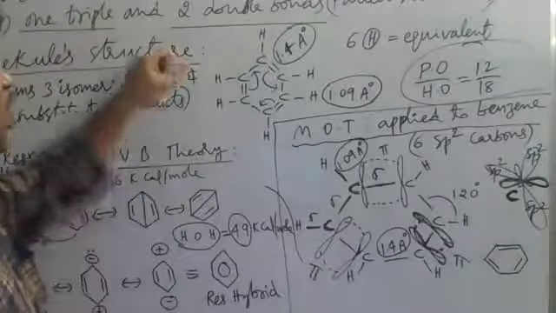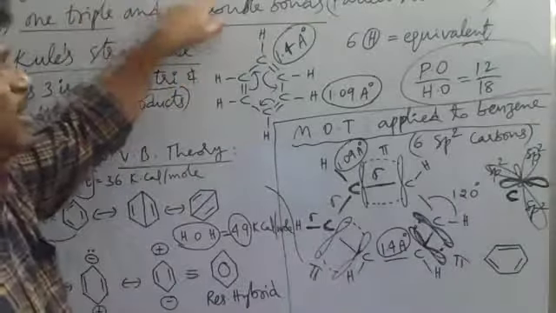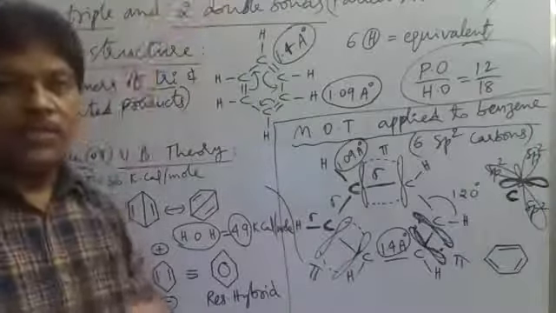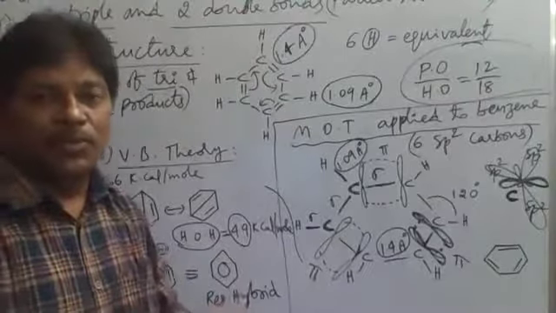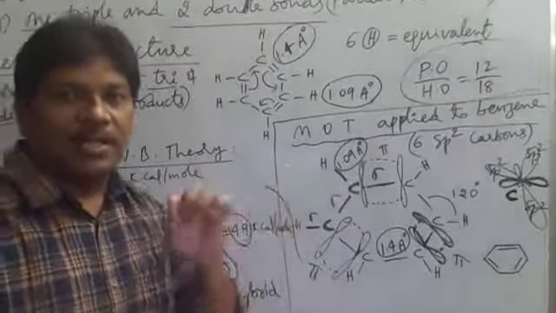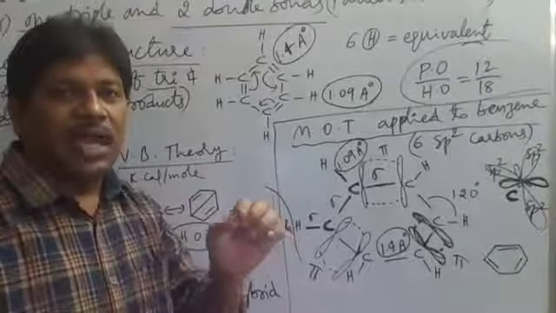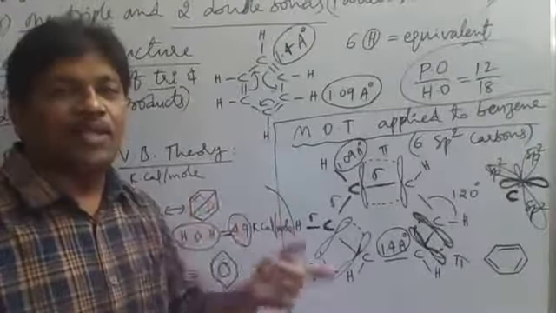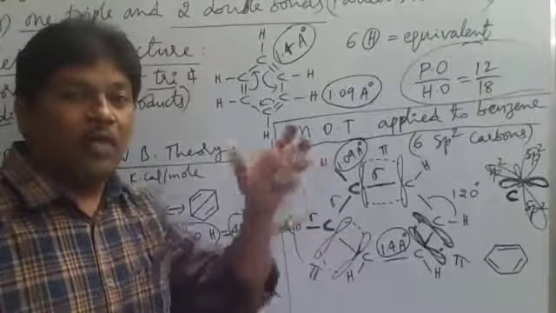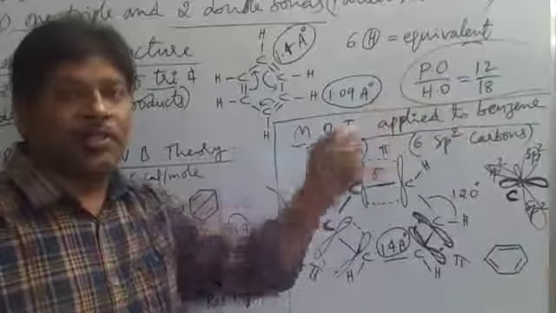Generally, why are we not assigning an open chain structure to benzene? Because the properties of benzene are not similar to alkenes and alkynes. Alkenes and alkynes are aliphatic open chain unsaturated compounds, with one type of unsaturated properties.